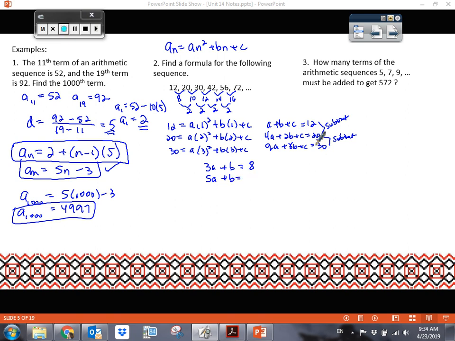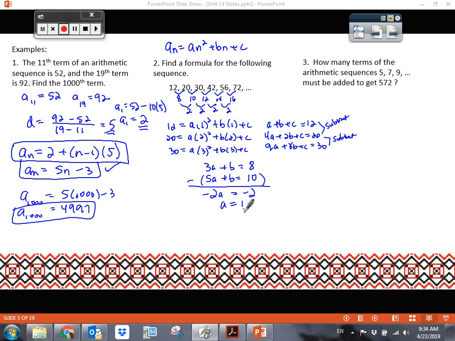And 30 minus 20 is 10. So if you use this technique, this first part should be the same. Just the numbers are going to be different. Now I'm going to subtract, and I'm going to get negative 2a. The b's go away. 8 minus 10 is negative 2, so a is 1.